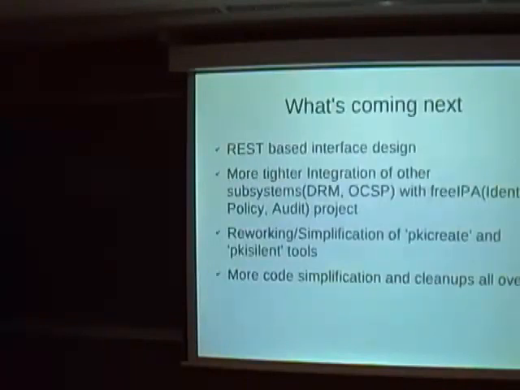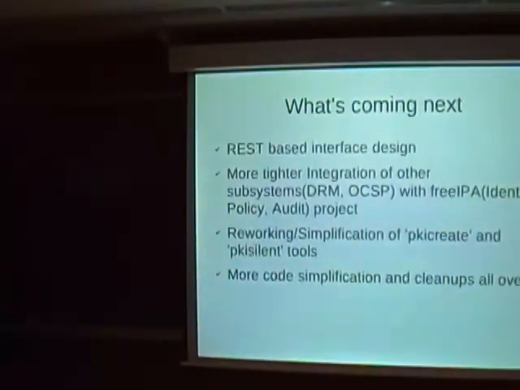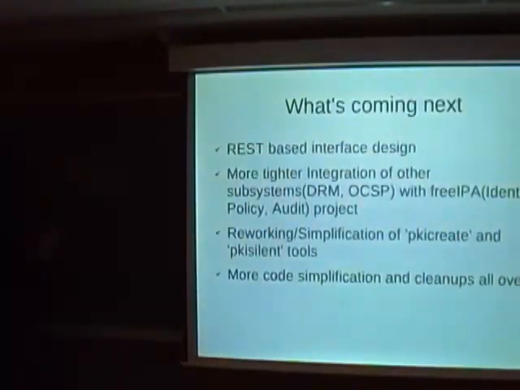At the moment, CA is already integrated into the FreeIPA project, but the other subsystems are planned to be integrated. There's a lot of rework and always refactoring going on in the code. The tools are also improved by being written in Python, so that they are much more cleanly configurable than existing setups.